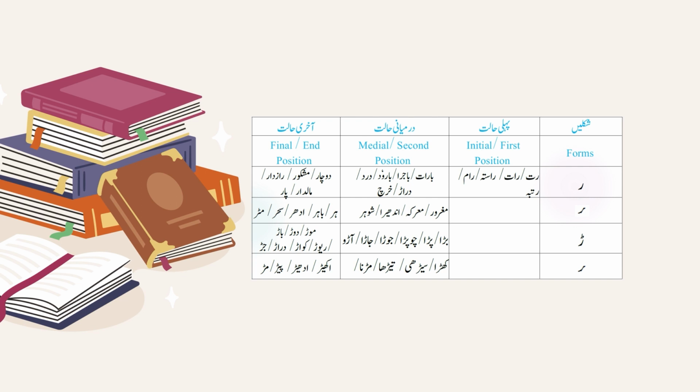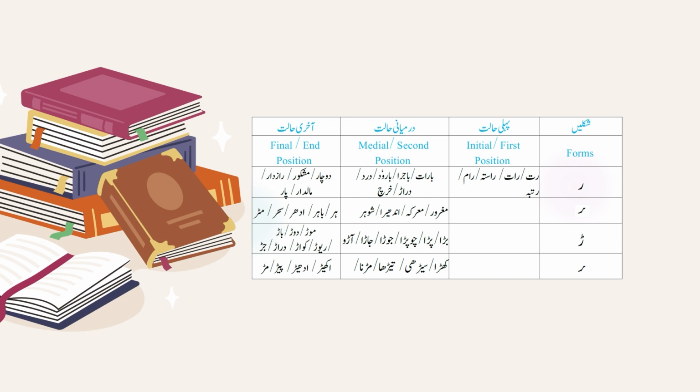Now see examples in final or end position. We have the word Do-char, Dal in initial. We learnt about that. It will not change its shape. And here we are talking about Ray in its full form in final or end position. Do-char, Ray at the end, and we are observing that it is in its full form.